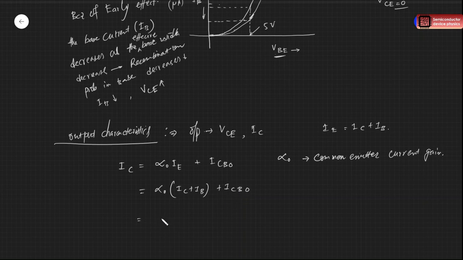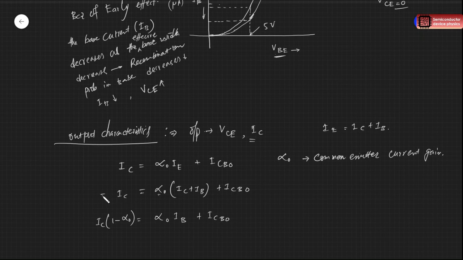We need IC, so I'll take IC on the left side. IC into (1 minus alpha naught) equals alpha naught IB plus ICBO.